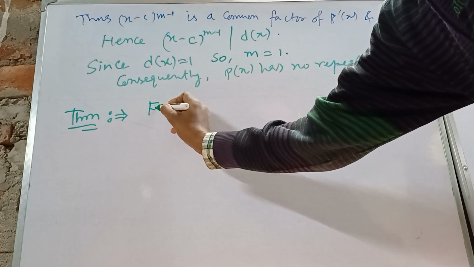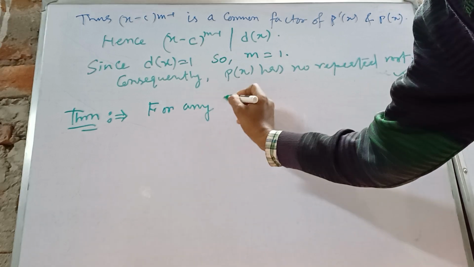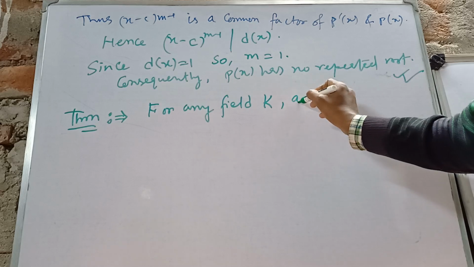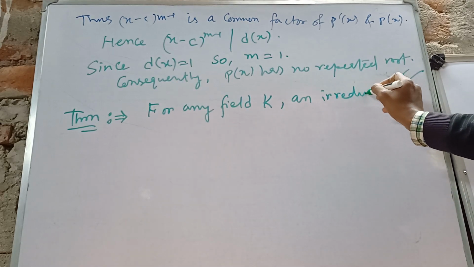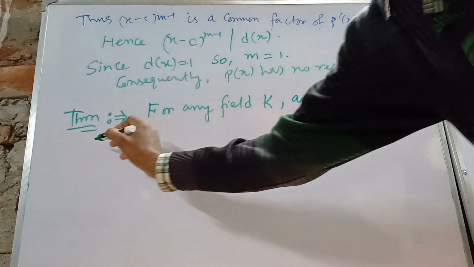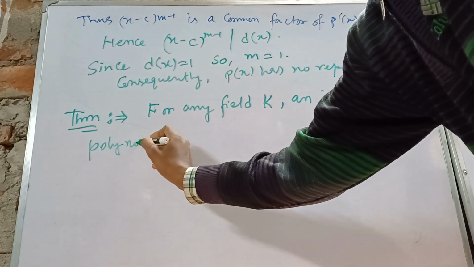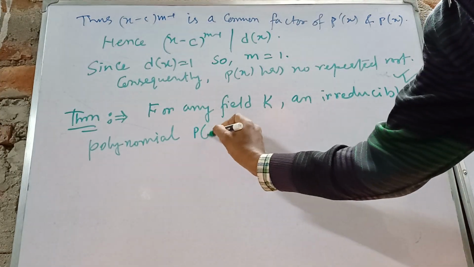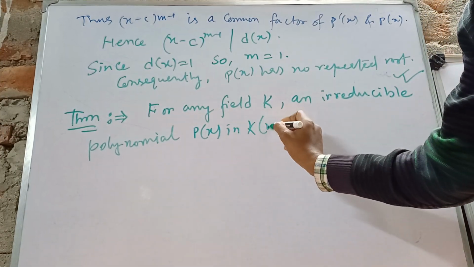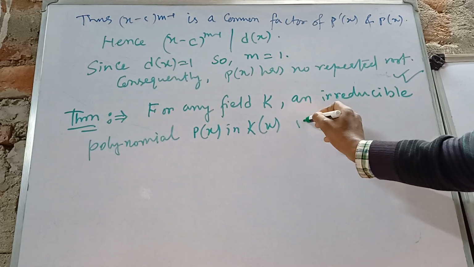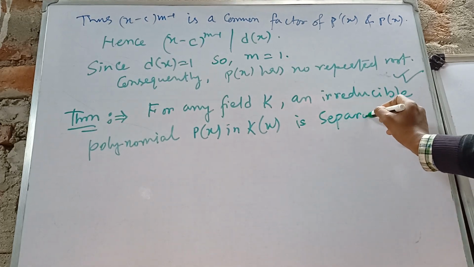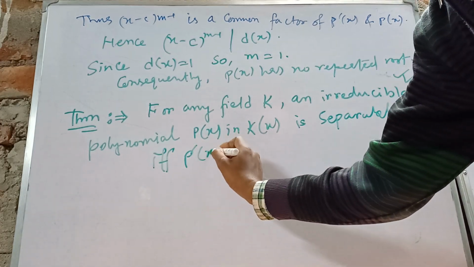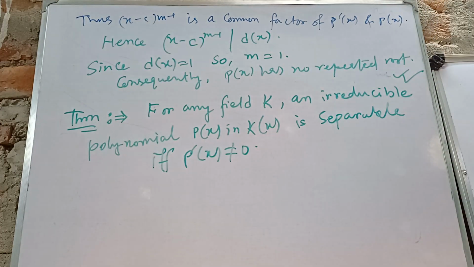For any field K, an irreducible polynomial p(x) in K[x] is separable if and only if p dash x is not equal to 0.